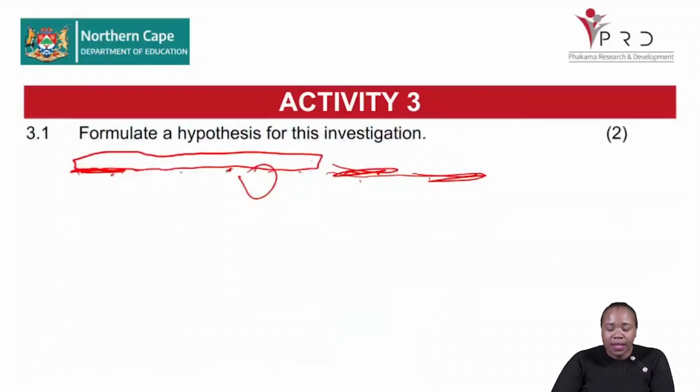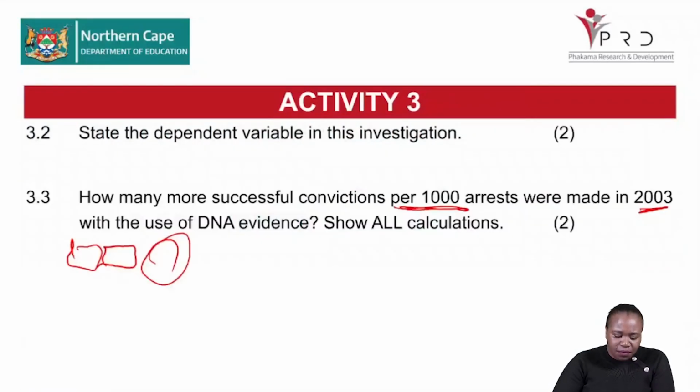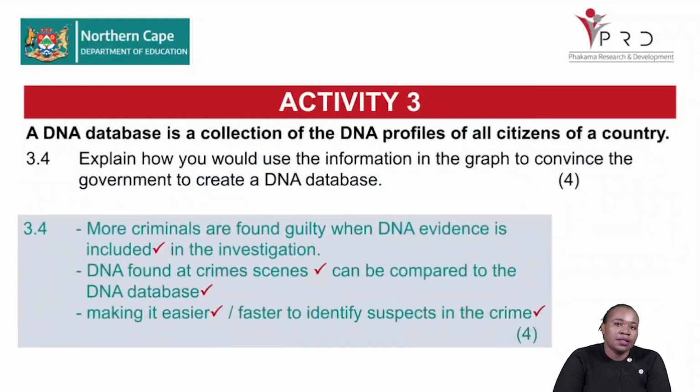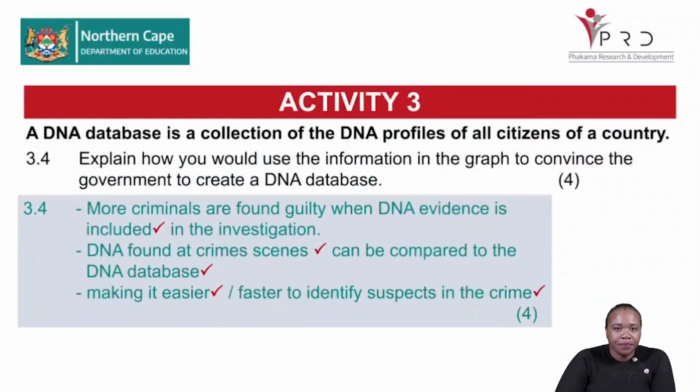Now, that is the biggest reason why the government should consider using DNA evidence as something that they can use to convict criminals. So more criminals are found guilty when DNA evidence is included. DNA found at crime scenes can be compared to the database.